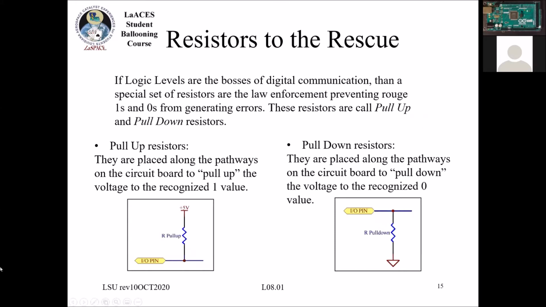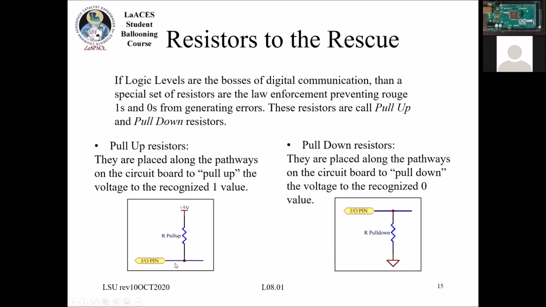So one way you do this is through what are called pull-up and pull-down resistors. What that means is basically your I/O pin is always connected to either a positive voltage or a ground.